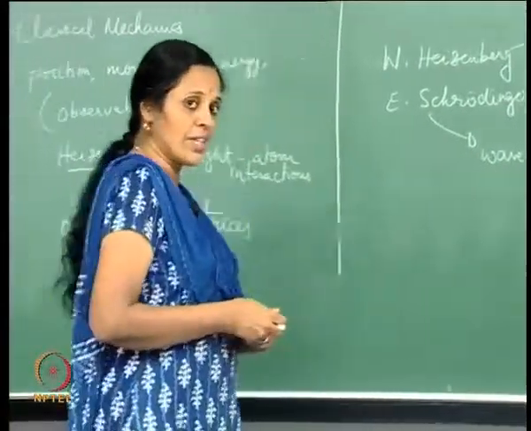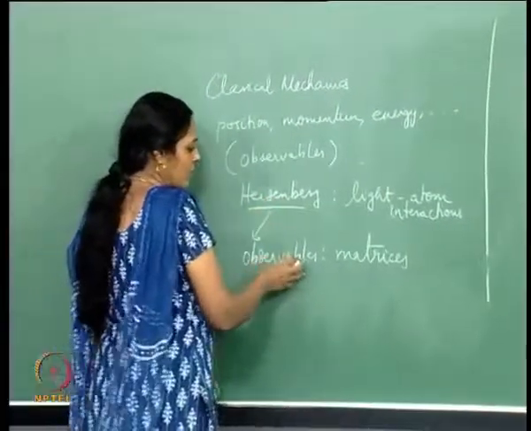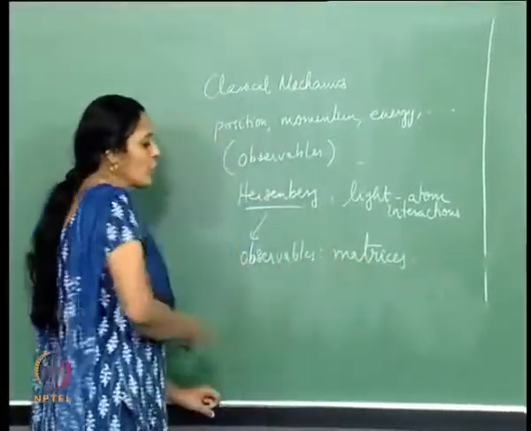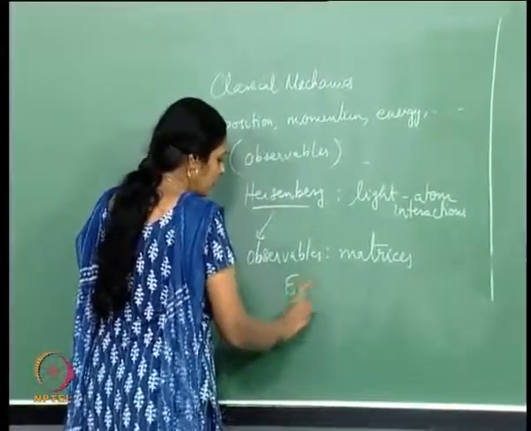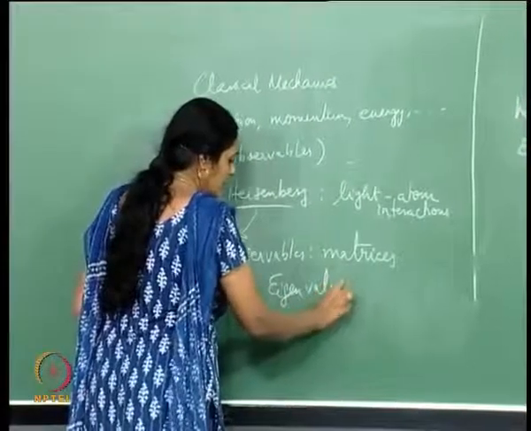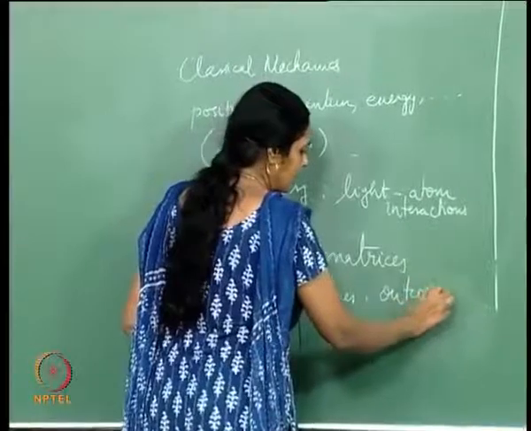It was realized by Heisenberg and others that these observables are best represented through matrices, because the eigenvalues of the matrices are the outcomes of experiments.